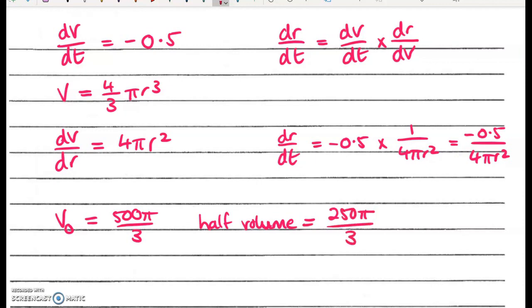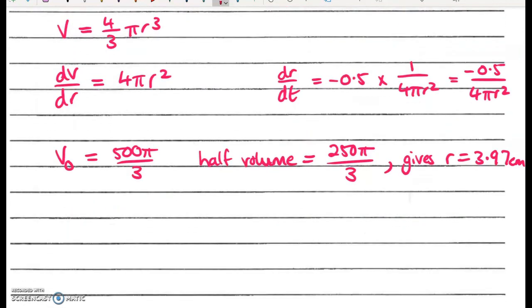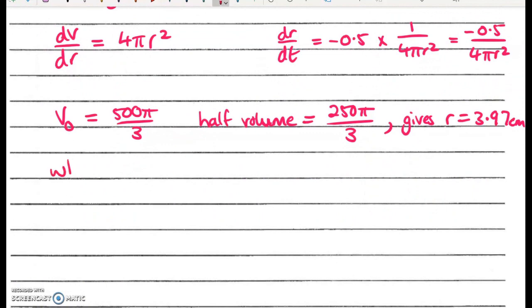Now for that to be true, this will give us an r value of 3.97 centimeters. Okay, so that's just using our volume formula there. So if the volume is half, it is equal to 250 pi by 3. Okay, now we have a value for r. So at half volume, the radius is 3.97.